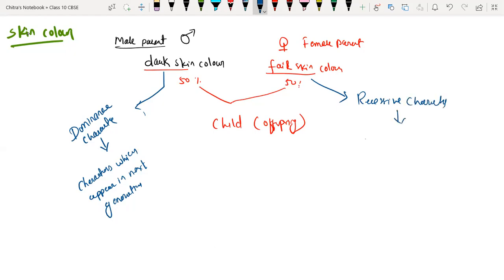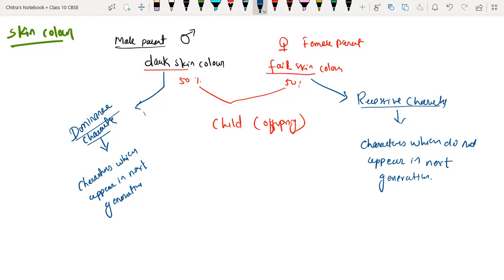What are recessive characters? Those characters which do not appear in the next generation are called recessive characters. So we have two types of characters, recessive and dominant.